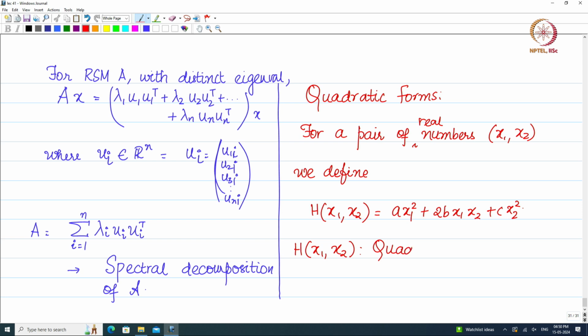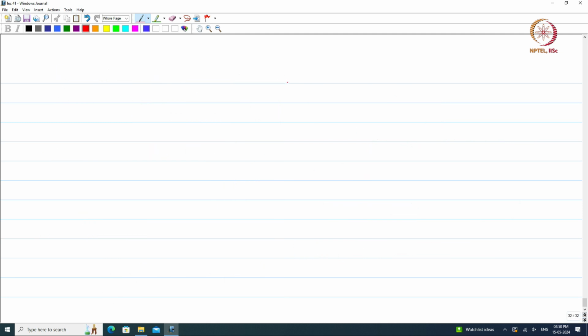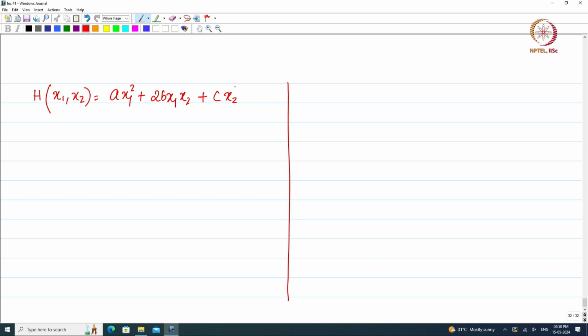Interestingly, this can be captured in terms of matrix operation. Let us look at that. We had this h of x1, x2, which was a x1 squared plus 2b x1 x2 plus c x2 squared.